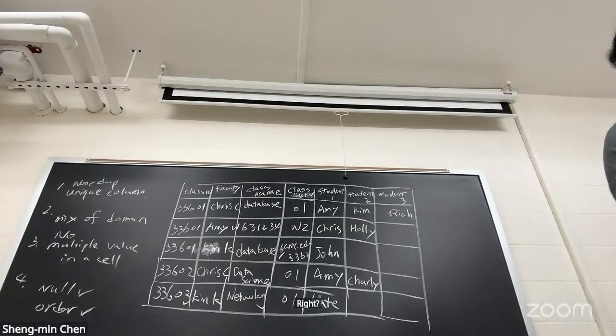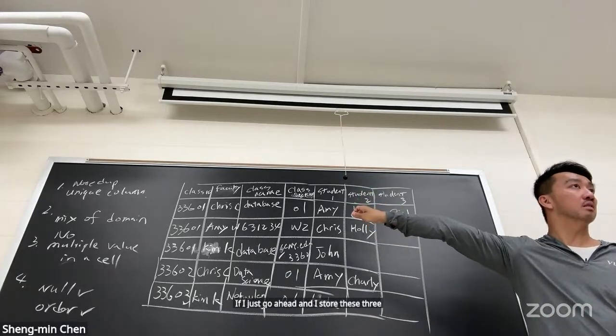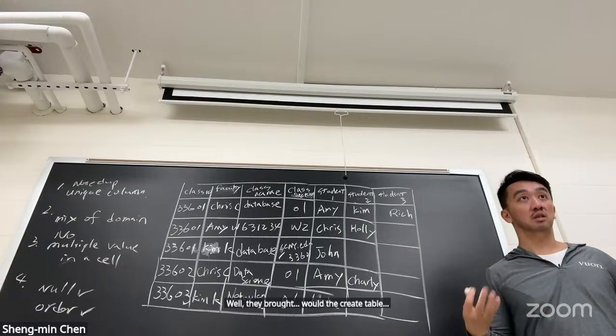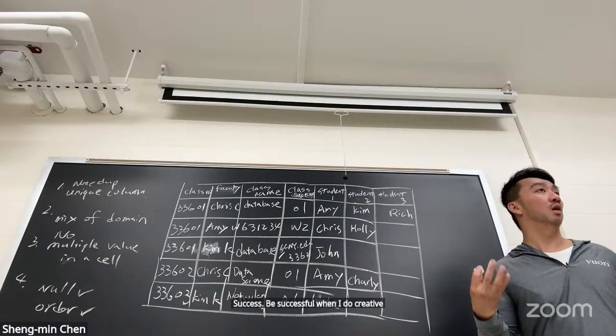For first normal form. Now, if I just go ahead and store these three the way they are into the database, will they run? Will the create table be successful when I do the create statement? Yes, it will.